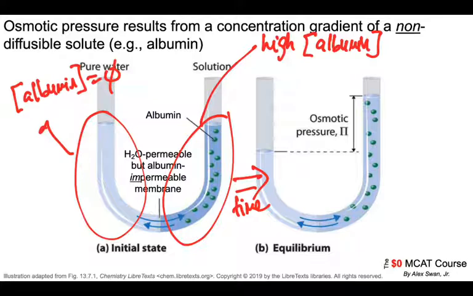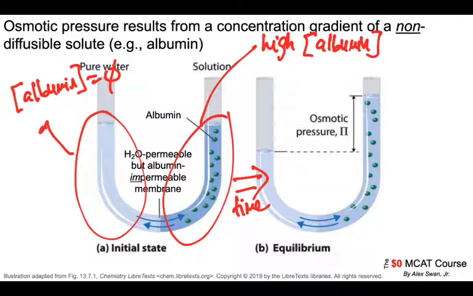So what's eventually going to happen is, since this albumin cannot move through this membrane, in order to equalize these concentrations, this high albumin concentration with this low concentration of albumin, we need to add water to the other side, right? So water is going to move from this side to the other side in an attempt to decrease this concentration of albumin.